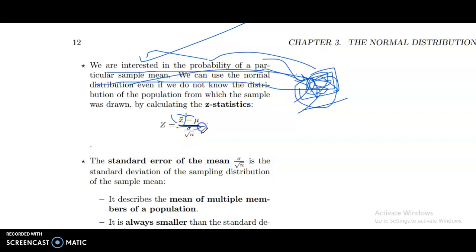After subtracting mu from X bar and dividing by sigma over root n, we get the Z value.